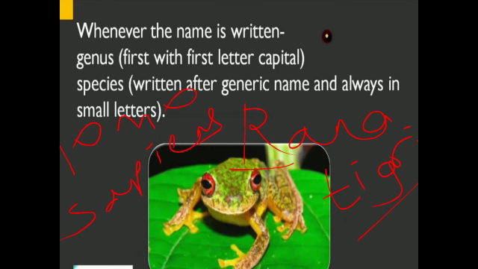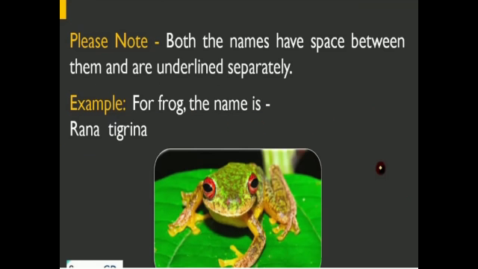Both the names have a space between them and are underlined separately. For the frog, the name is Rana tigrina. Both have separate names and both are underlined separately. That is, they have a space between them. They are never written together. So this was the binomial nomenclature.